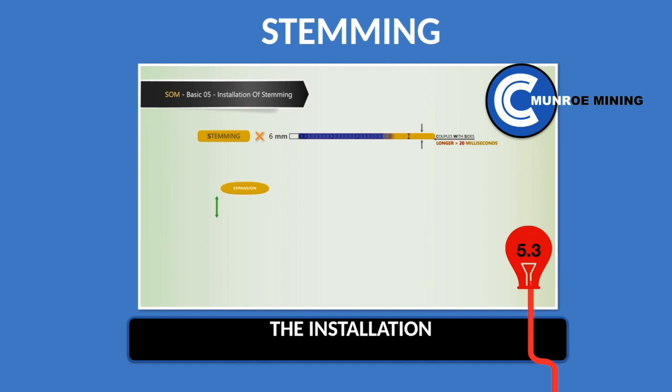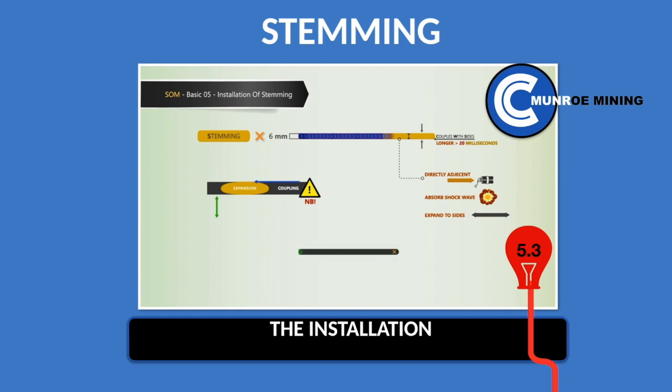The expansion of the stemming module and the coupling of the module with the sides are crucial. Therefore, the first stemming module, directly adjacent to the explosives, must couple with the explosives and must absorb the shockwave and expand to the size of the shot hole in order to prevent the gases from escaping through the collar for 20 milliseconds.